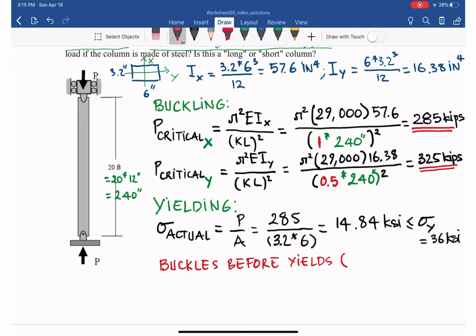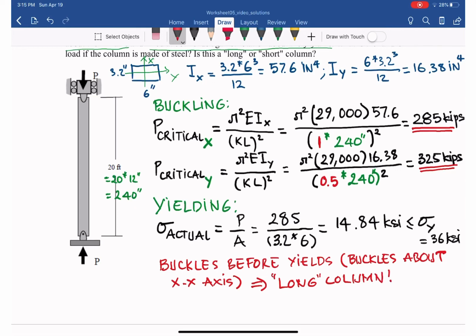To be more specific, in this case it buckles about the x-axis. From that, we can say the column fails due to buckling over yielding. So the buckling governs.